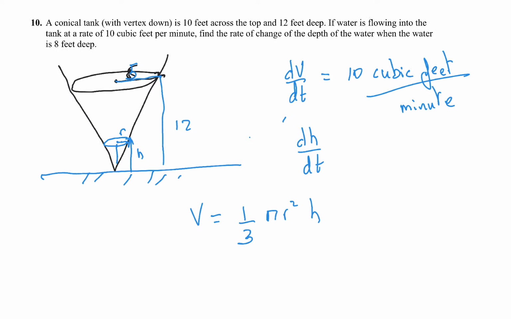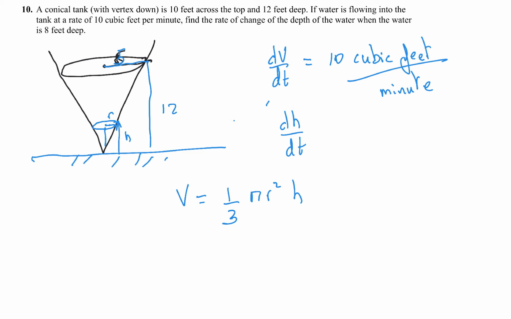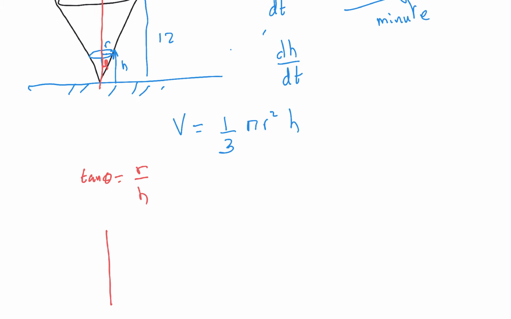Okay, now let's relate the r with the h, because we will need it. If you see here, this angle theta, the tangent of theta is r divided by h. You see the triangle. Let's write the triangle here.